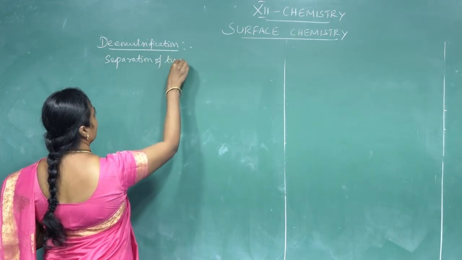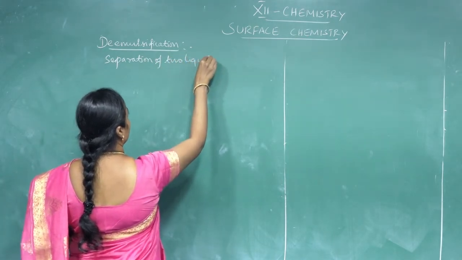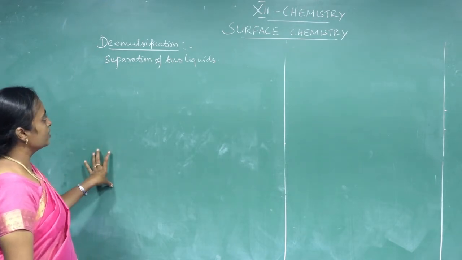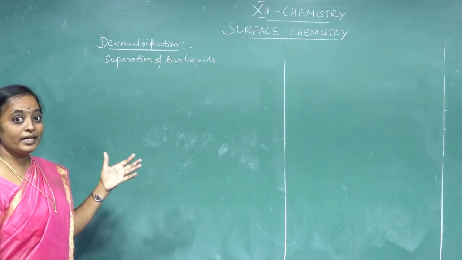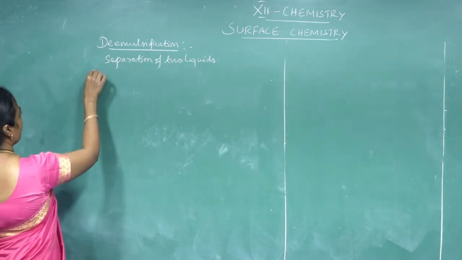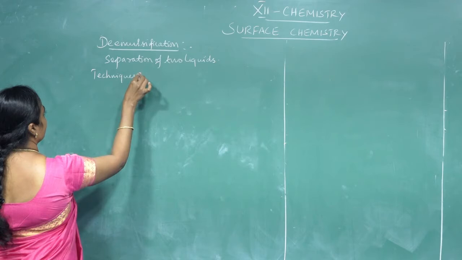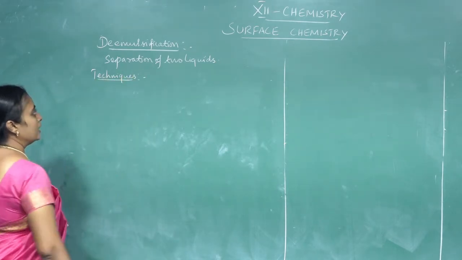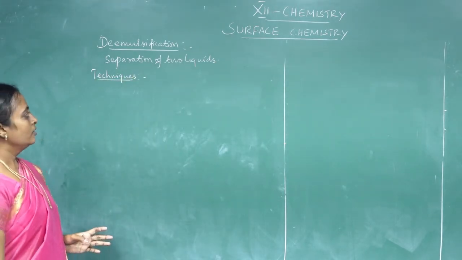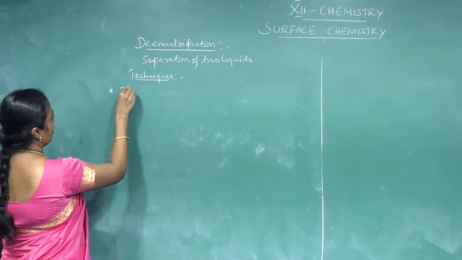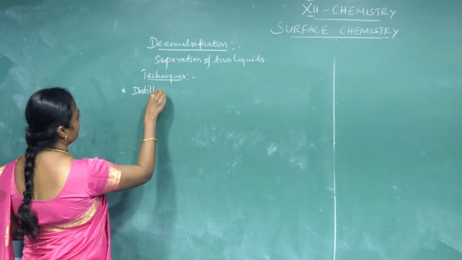Okay, so how can you separate the two liquids? Various techniques we can use. So what are all the techniques you can use for de-emulsification? The first one, we can distill one component.